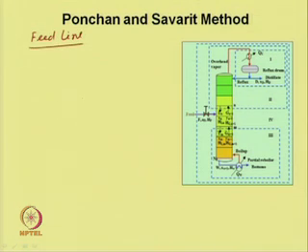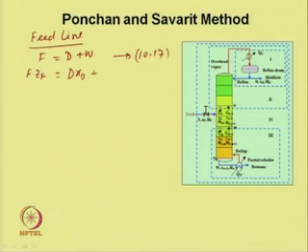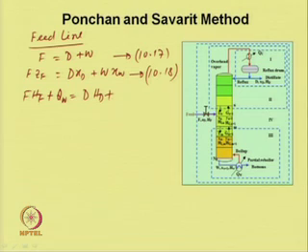So, for the feed line, if we do the overall material balance, F is equal to D plus W, which is 10.17, and the component balance F Z F is equal to D x D plus W x W, and the energy balance equation F H F plus Q W is equal to D H D plus W H W plus Q C.